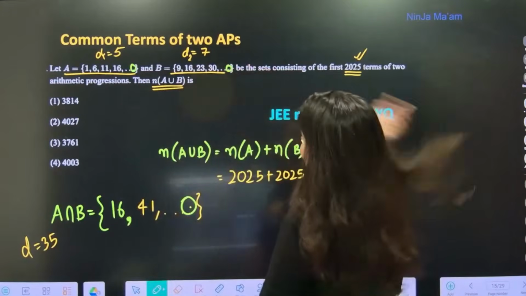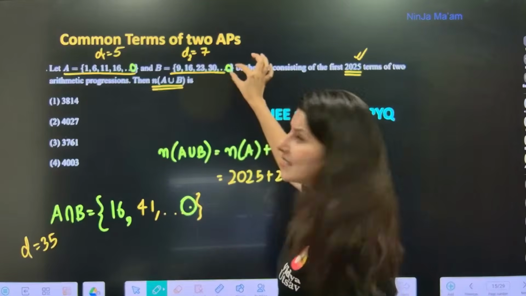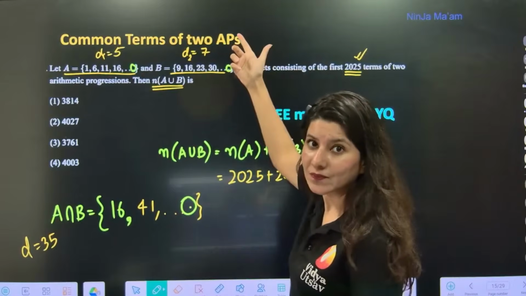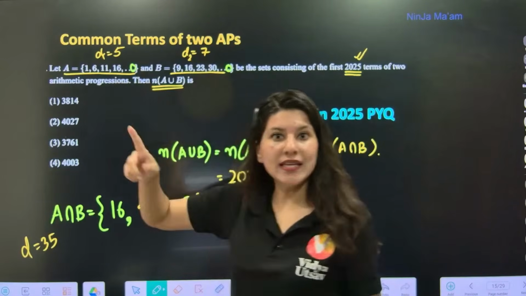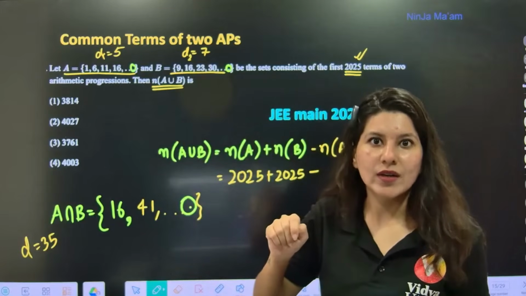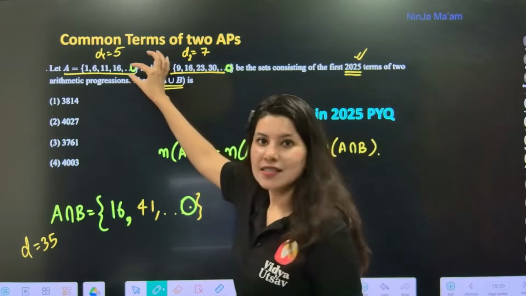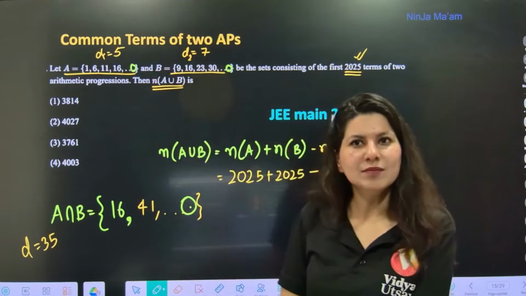Now I can clearly see that the last term of this B set will be bigger and the last term of the A set will be smaller. And you know what, I am looking for the last term which is smaller. Why, ma'am? Why smaller?